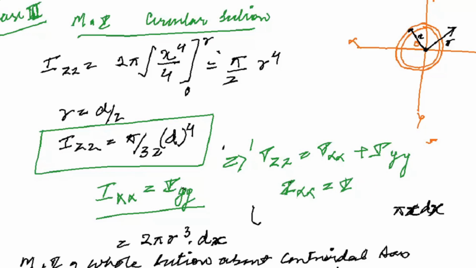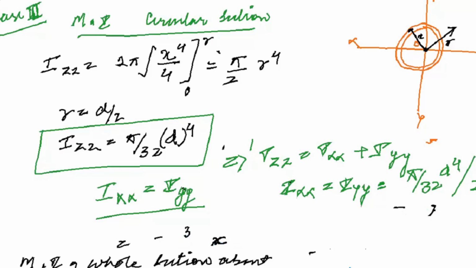when you have to calculate your Ixx or Iyy, that will be equal to pi by 32 into d to the power 4 divided by 2. So your Ixx and Iyy will be equal to pi by 64 multiplied by d raised to the power of 4.